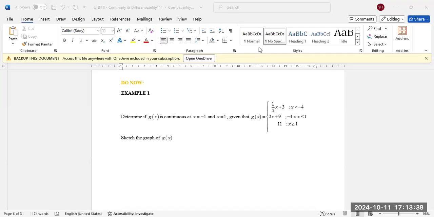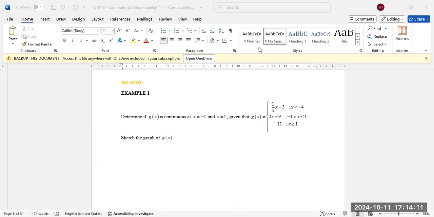Okay, so go ahead, Taj. No, that was a mistake, sir. Okay. So what do you give at x equal -4? At x equal -4, it is continuous, and we're looking at 1. What do you say at x equal 1? At x equal 1, it is also continuous.